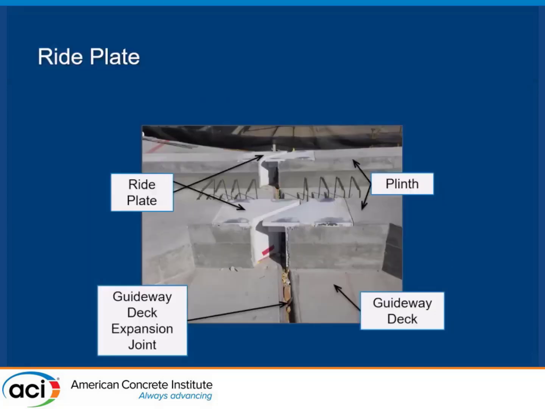So here's another example of where someone didn't really think through all the modes of failure. This is one of those tramways where the wheels run along on an elevated skyway, and the wheels are going along the plinth, and then they had an expansion joint.